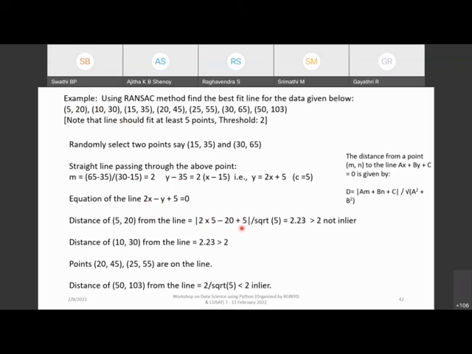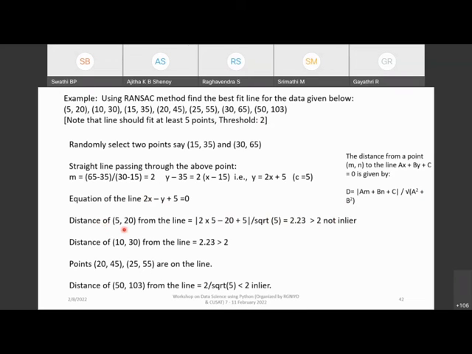Absolute value of 5 divided by square root of a square plus b square. a is 2, b is 1. So a square is 4, b square is 1. The square root of 4 plus 1 is equal to square root of 5. So I'm going to get 5 by square root of 5. It is equal to 2.23, which is greater than the threshold which I have defined. So this is not an inlier for me. So this is the outlier.